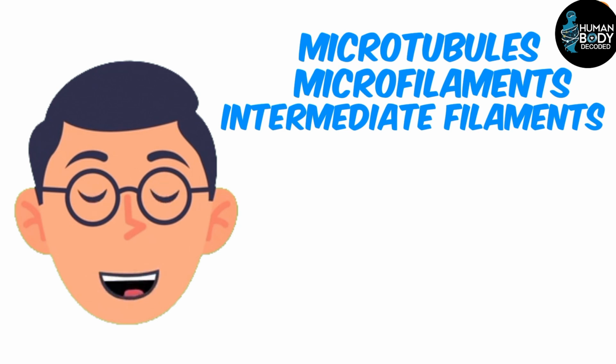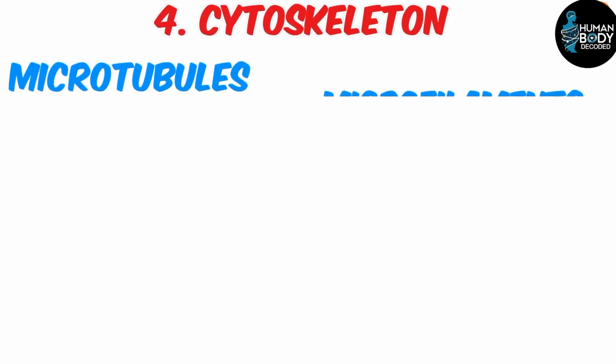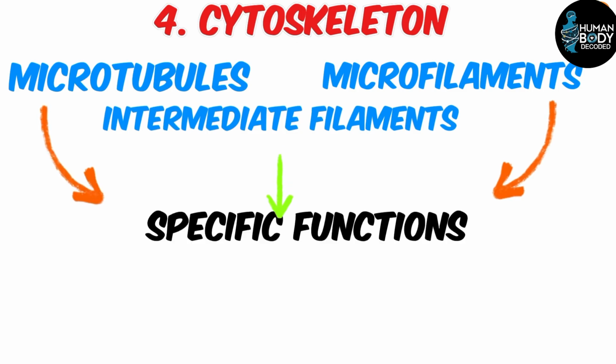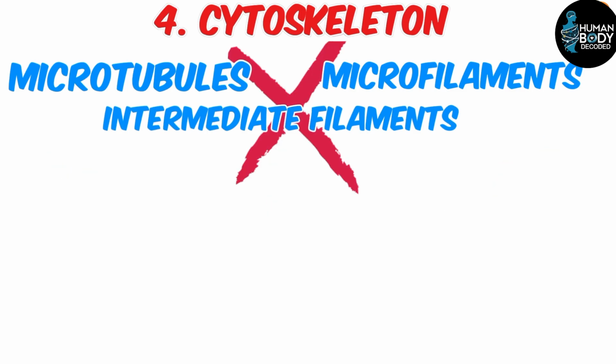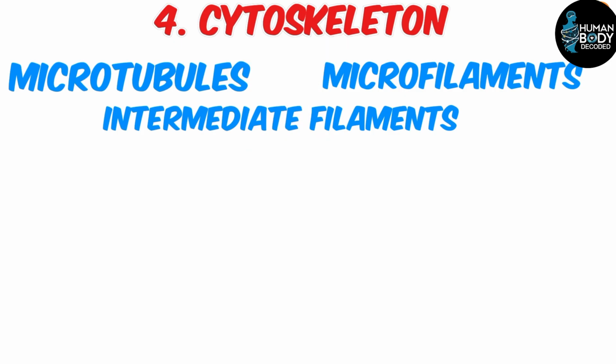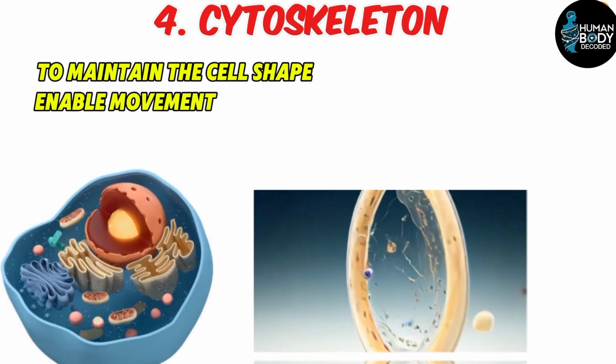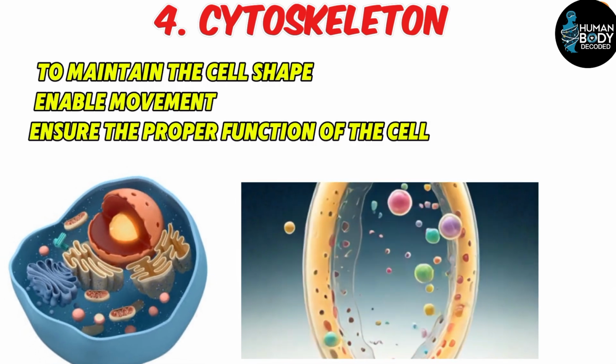Let's now take a look at how these three filaments work together to support cellular function. 4. Cytoskeleton. While microtubules, microfilaments, and intermediate filaments each perform specific functions, they do not work in isolation. These three components of the cytoskeleton collaborate to maintain the cell's shape, enable movement, and ensure the proper function of the cell.